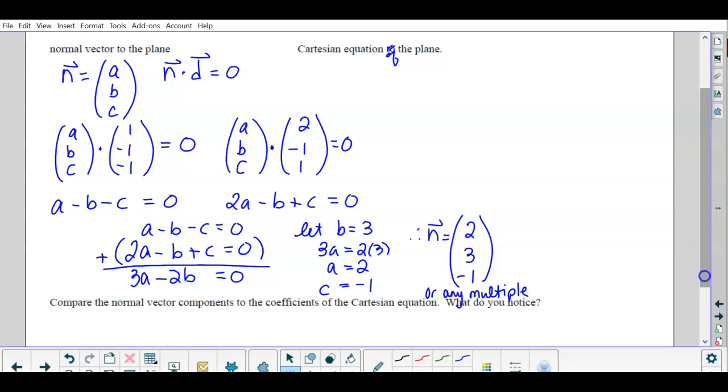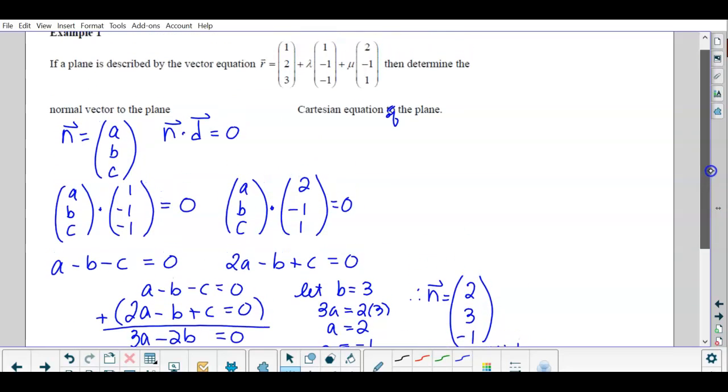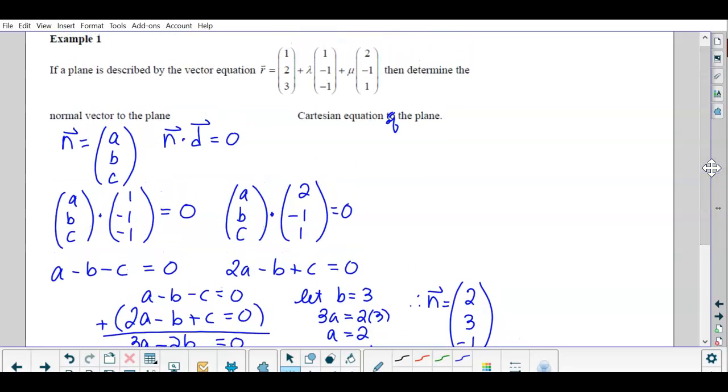So it's the same process, except we have 2 parameters this time. So here we would have x equals 1 plus lambda plus 2 mu, y equals 2 minus lambda minus mu, and z equals 3 minus lambda plus mu.